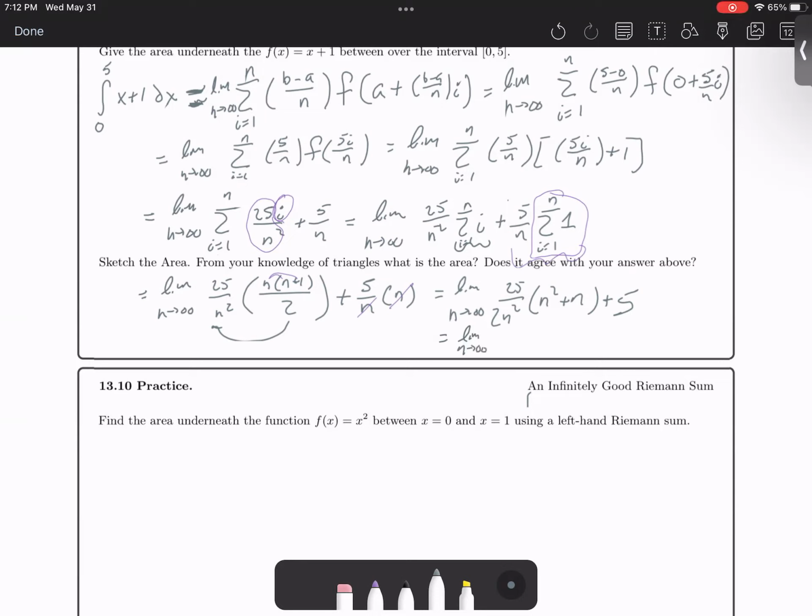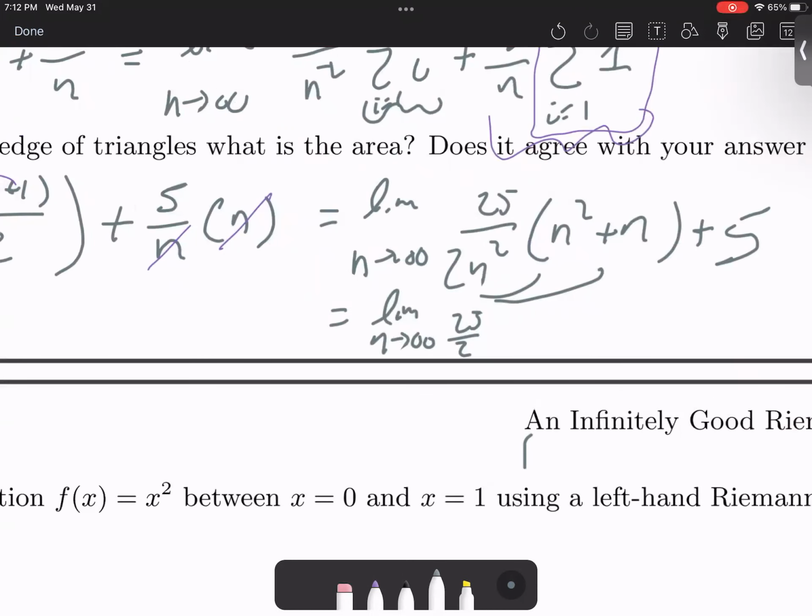Limit as n goes to infinity. Let's distribute this. So you have 25 over 2, the n squareds cancel, plus 25 over 2. How many n's does that have? Just 1 on the bottom. And then I've got that plus 5 over there.